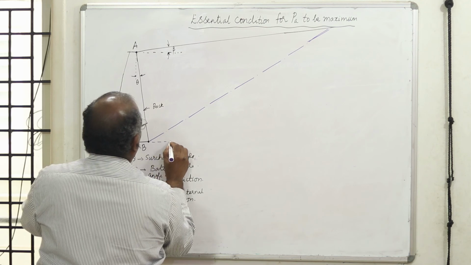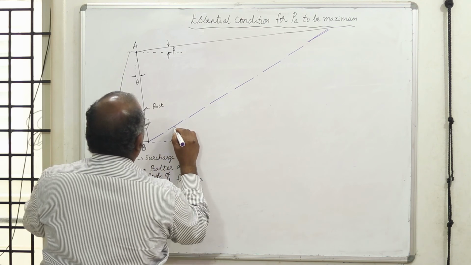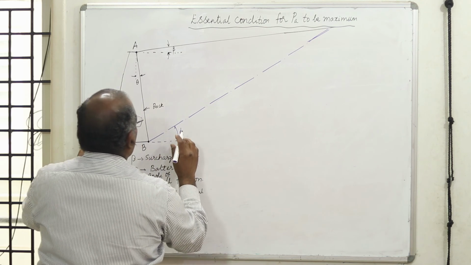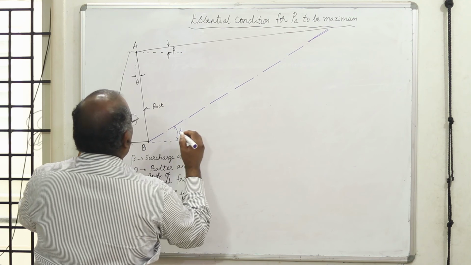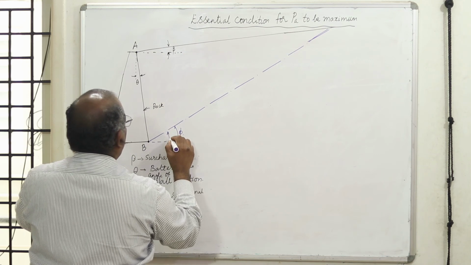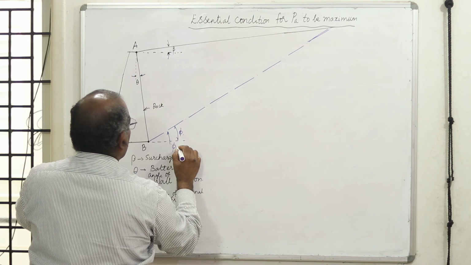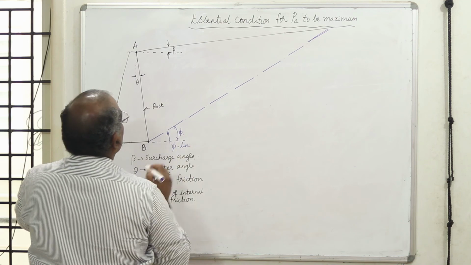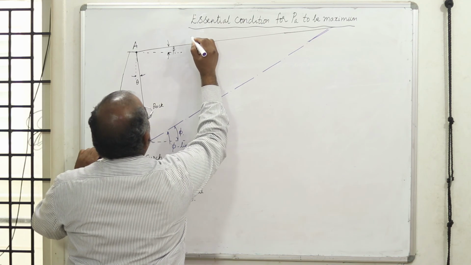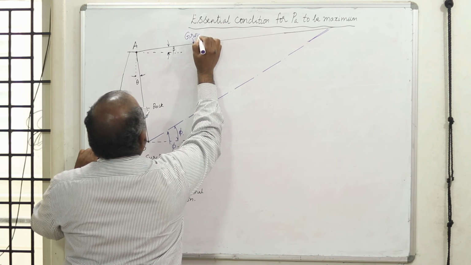This line is inclined at an angle phi with respect to the horizontal. This line is called the phi line. This is the ground line.